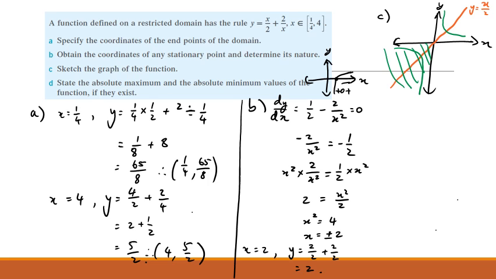Then we're starting at a quarter, which will be somewhere here. And then we're going up to 4, which is somewhere here. And then we'll have the turning point right at 2, which is around there. So the blue one will be the shape of it. But we need to restrict the domain, which I didn't do. So it should only go from there to there.